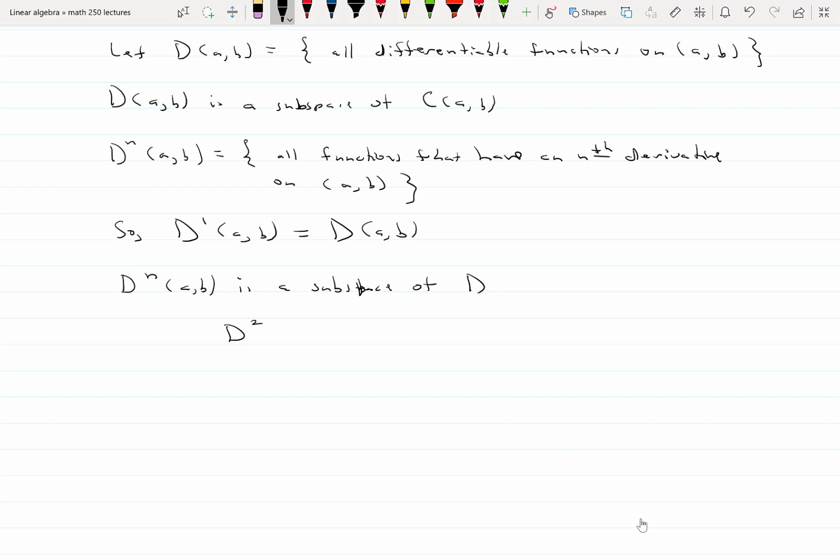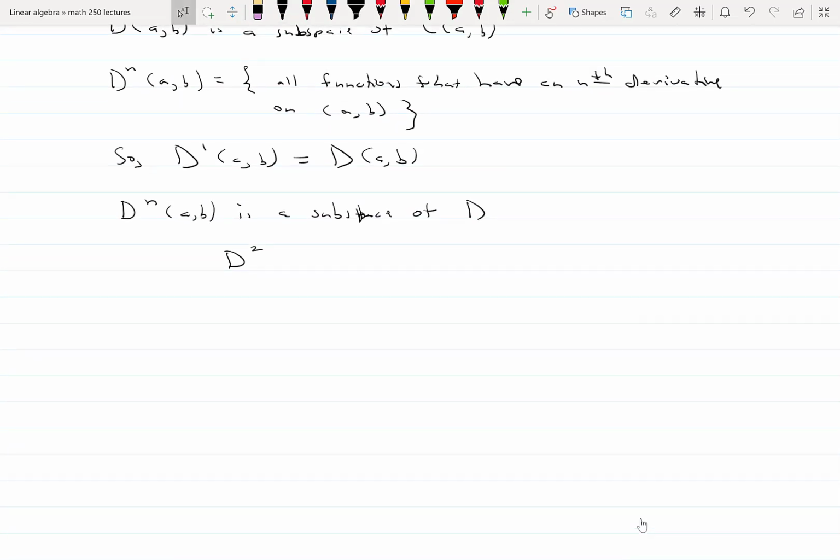Also, D3 is inside of D2, and D4 is inside of D3, etc. If you have a fourth derivative, that means you have a third derivative, a second derivative, and a first derivative. So what is that saying? It's saying that Dn plus 1 of AB is a subspace of Dn of AB.